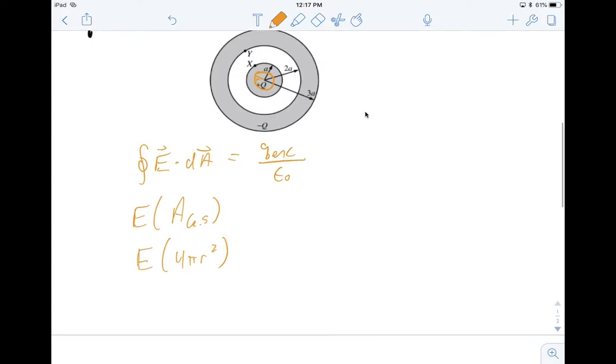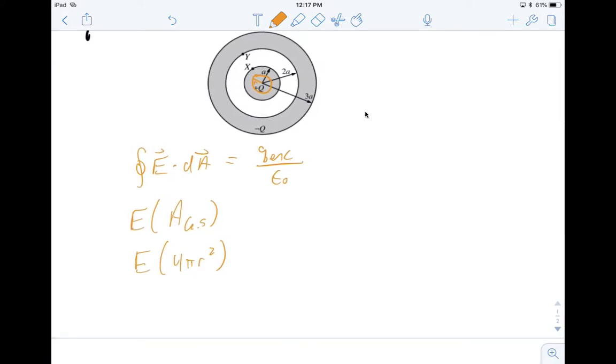The right side, we need to use the fact that the charge is uniformly distributed. What that means is that rho, which is charge per volume, is constant.